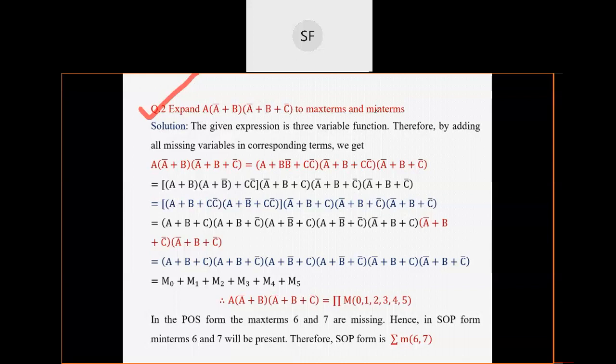Now how to approach this problem? First you should understand this Boolean expression, in which form is it represented, SOP or POS? I'm talking about this expression. Just give me the answer, whether it is expressed in POS or SOP.